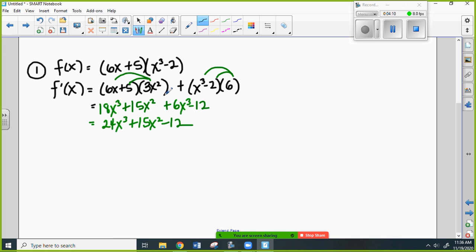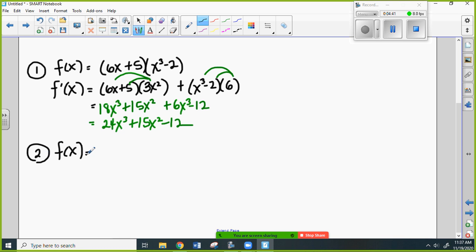Because on a quiz or a test, like a multiple choice test, you're going to have to be able to recognize it in simplified form. And when you use the product rule for anything in a free response, you usually need to simplify it so that you can do something else with it. So even when Delta Math says you don't have to simplify it, you should practice simplifying it. That was a good question.